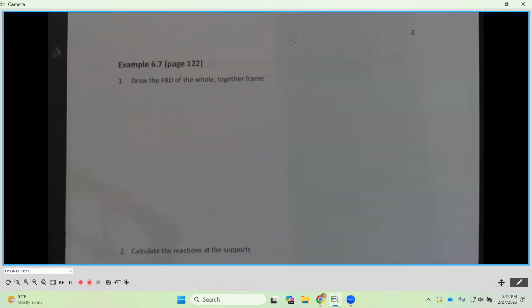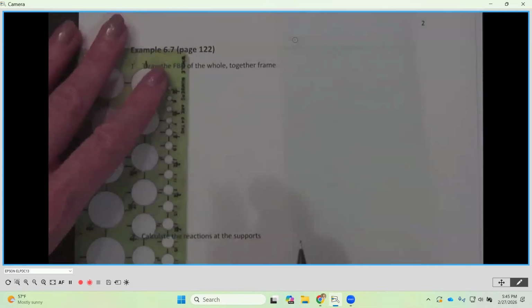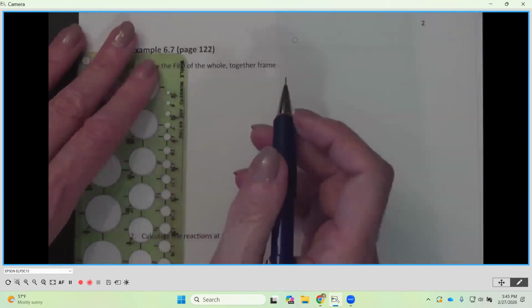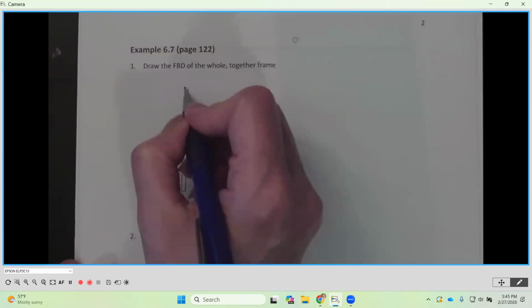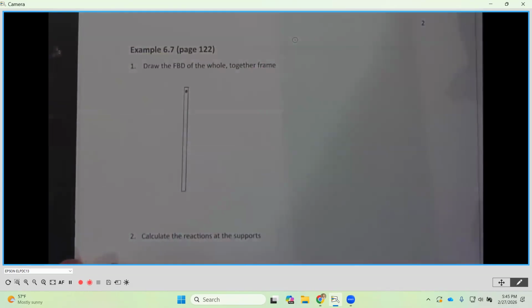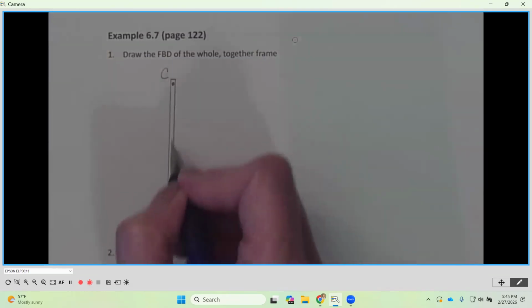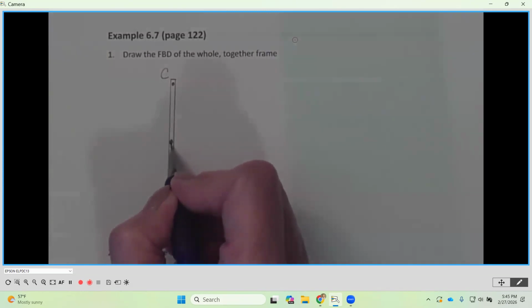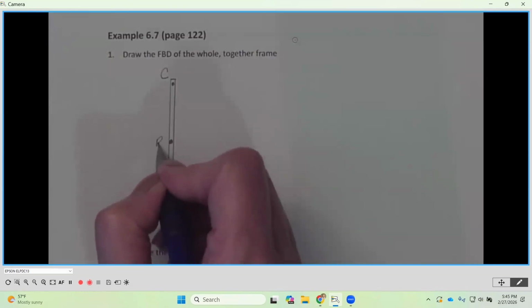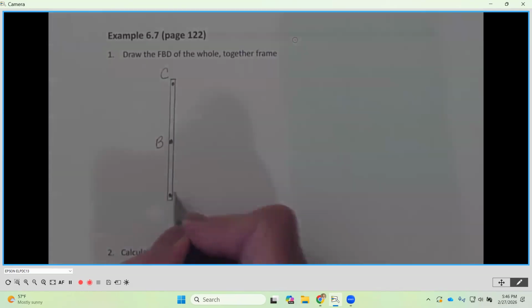So drawing the free body diagram of the entire frame together, I'm going to start with the vertical member here, and I'm going to give it some thickness, okay? So C is going to be at the top, so I'm going to show that, kind of what we see here. So this is going to be our point C. B is a little bit lower than center, so I'm going to go there with B. And then A is down at the bottom here, okay?